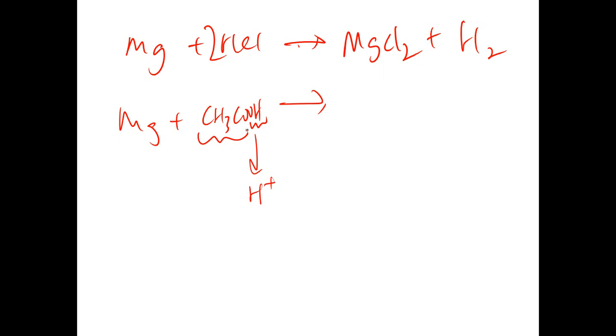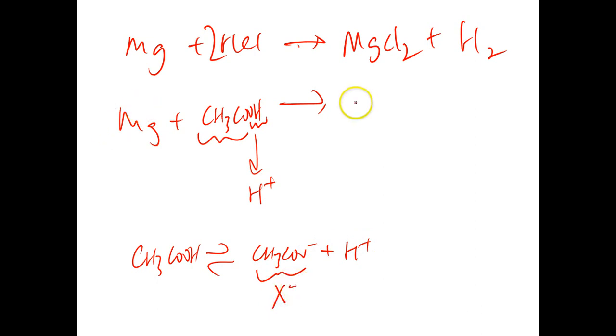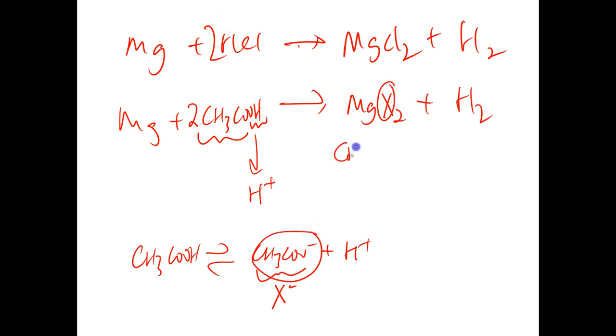If I were to convert my COOH part and treat it as X-, I will have my MgX2 plus H2, and then I balance, right? So if I replace my X with CH3COO, I need 2 of this, and Mg, I have the complete formula.